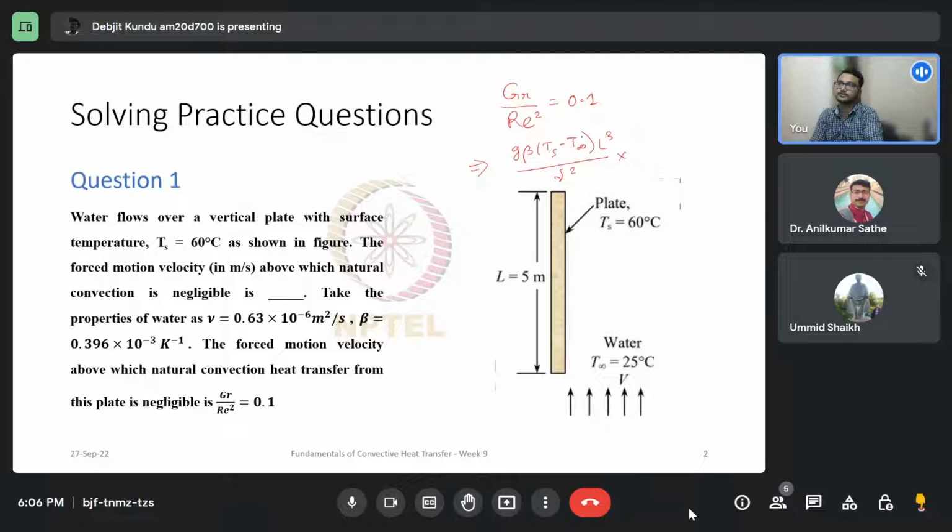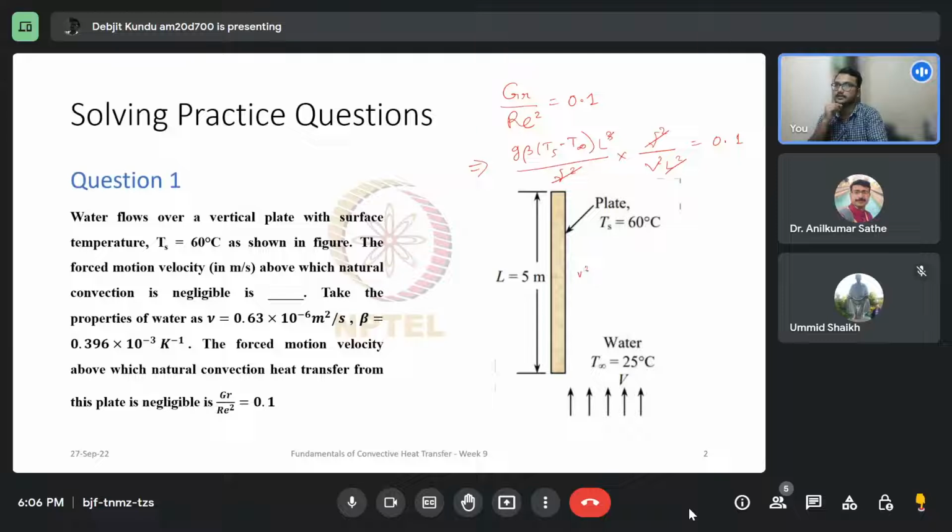And this has to be divided by Reynolds number square, which is V square L square divided by nu square, where the velocity is V. This has to be equal to 0.1 or greater. So nu square we can divide out, L square would divide out this one, and we will get an expression for velocity.